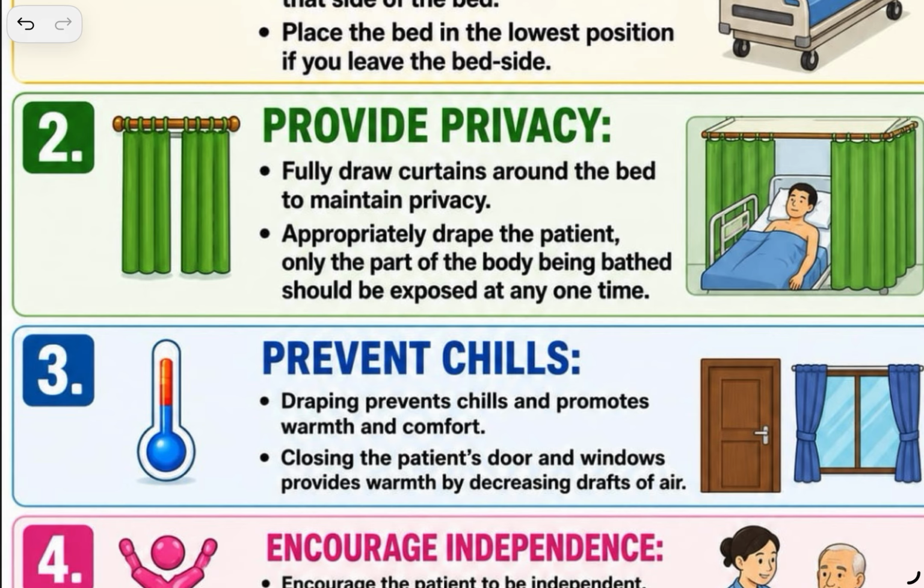These are key points only, not step-wise, okay. So in this one, what they are saying is provide privacy, even before and after the bath also. While giving the bath, whether full assistance, partial assistance or minimal assistance, at that time you also need to provide privacy, that is universal, right?